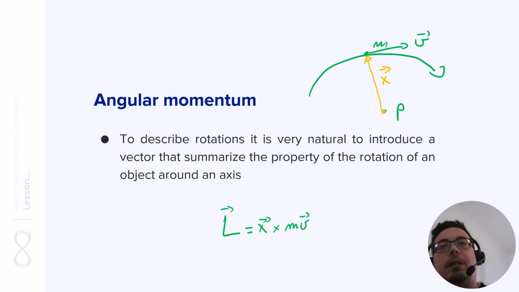If you look at it with a skewed angle, we can do it down here. This is the velocity v, going in this direction, for example.